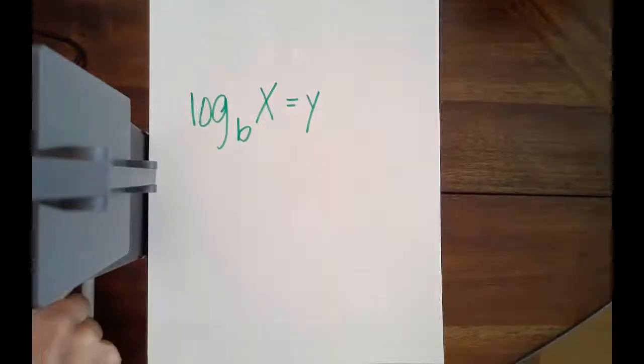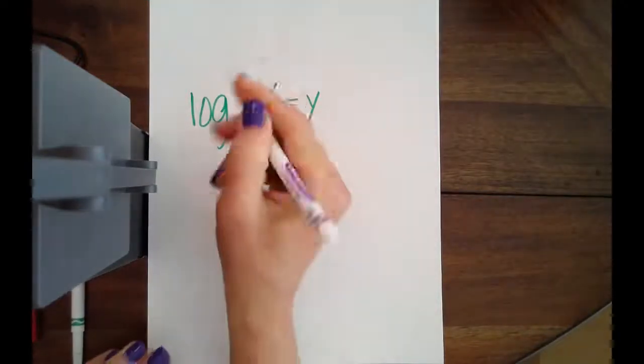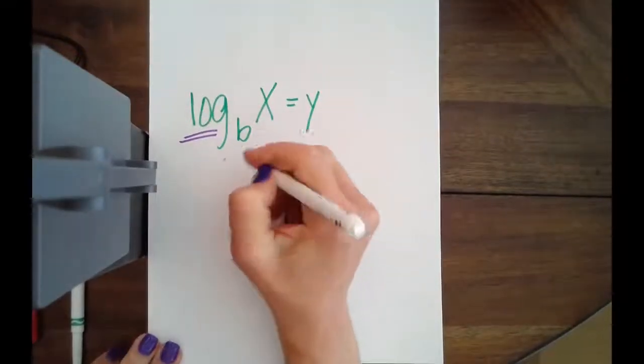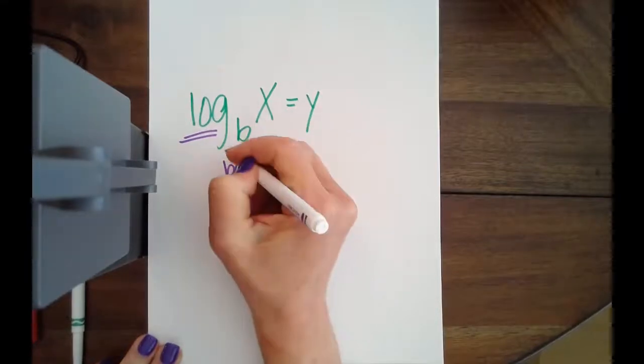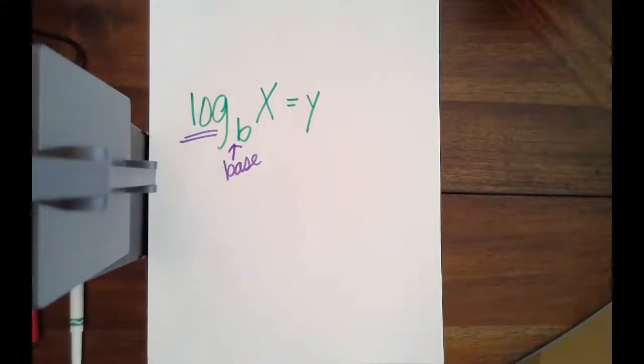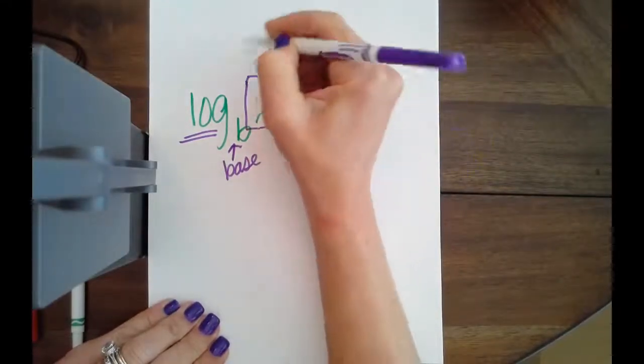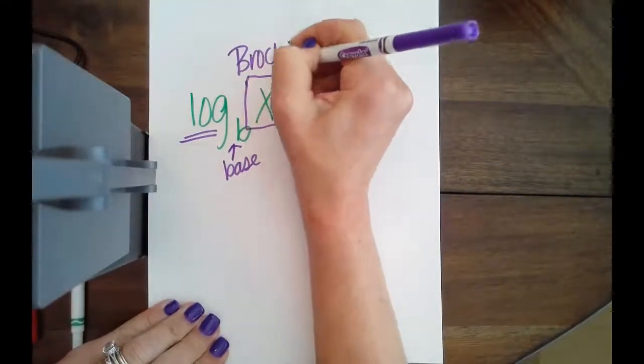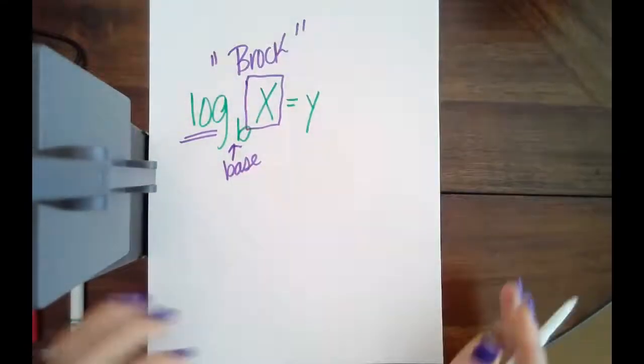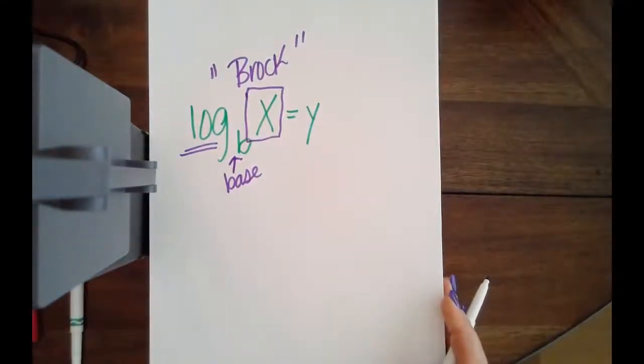Okay, so in log form, we have the word log. This is the base, and you know bases are always going to be raised to an exponent. This right here is the value I was talking about a minute ago. We're going to call this the Brock, just because it's an easy one-syllable word and I like it. I've been doing it for 11 years this way.